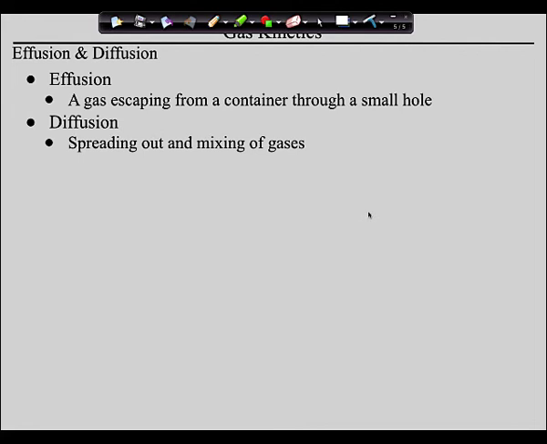You no longer have to know this mathematically, but I'll show you the math anyway. You do need to know these terms. Guys, effusion and diffusion. Effusion is the process of a gas escaping from a container through a small hole. Diffusion is the spreading out and mixing of gases.